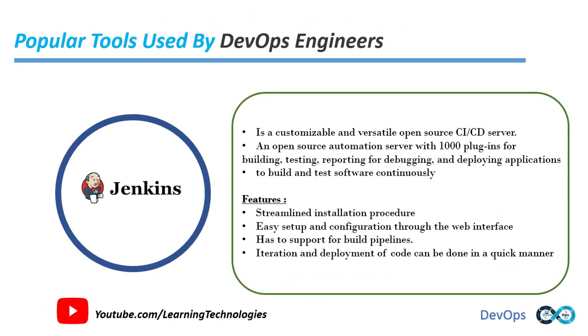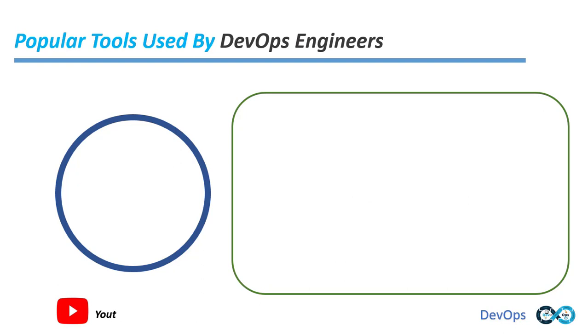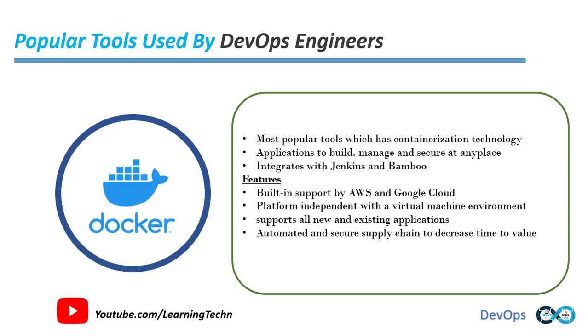Now we will talk about Docker. Docker is one of the most popular containerization technologies. It's a platform which helps engineers who want to assemble, build, and run any application anywhere.